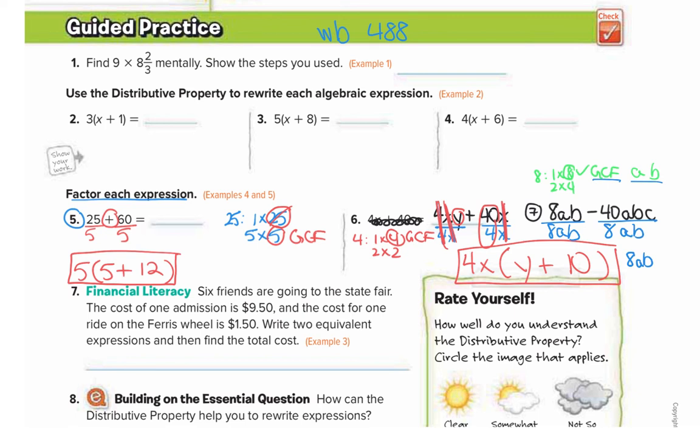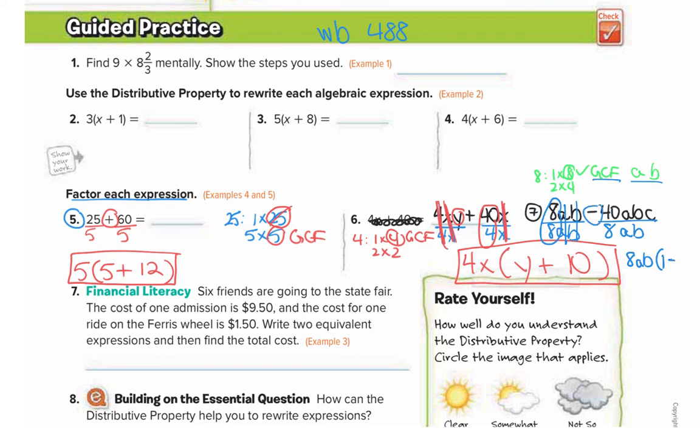So for the first part of the expression, the A's can be canceled out, the B's can be canceled out. And remember that 8 over 8 is just 1. But we don't have anything else left. So this equals 1, but because we're not doing 1 times anything, because there's nothing left, we have to put a 1 in the first part of the expression.